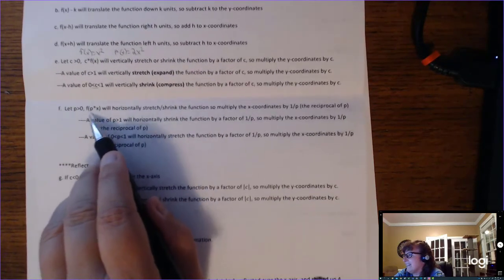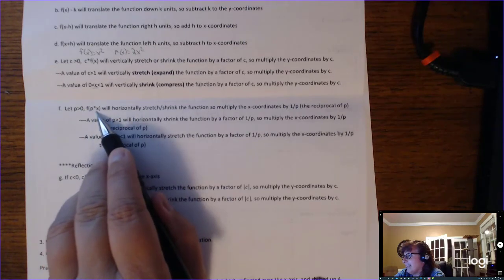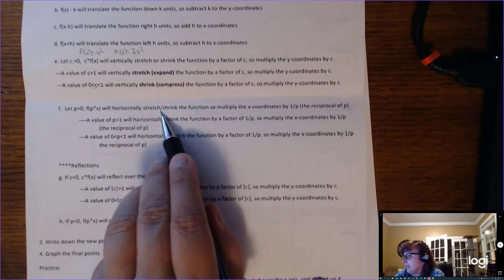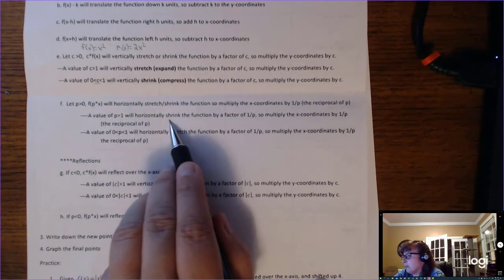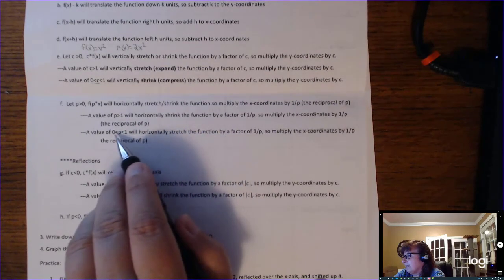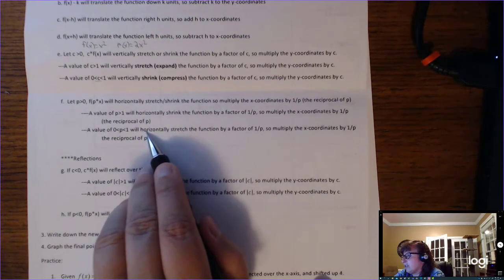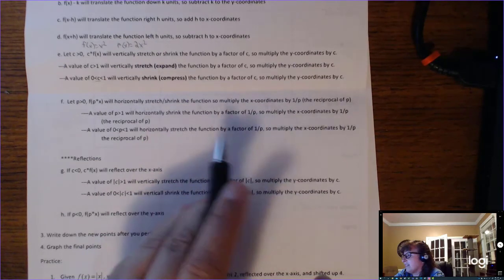Okay, and then this is the last one and the hardest one. If there's a number multiplied in there with the x, it's going to cause a horizontal stretch or shrink. If p is greater than 1, it's actually going to shrink it by a factor of the reciprocal, 1 over p. And if p is a fraction between 0 and 1, it's actually going to horizontally stretch it by a factor of 1 over p because it's the opposite of what you see.